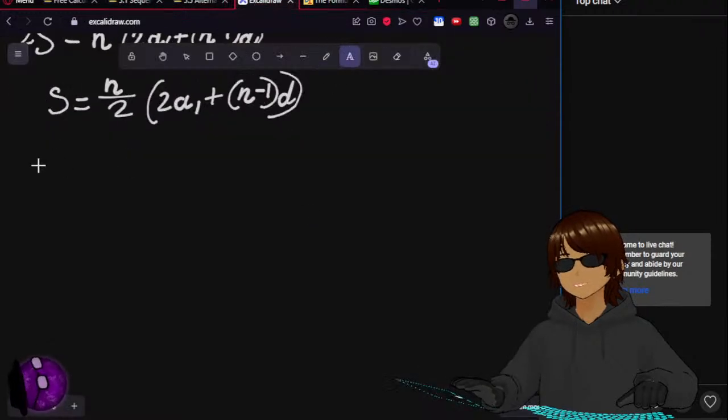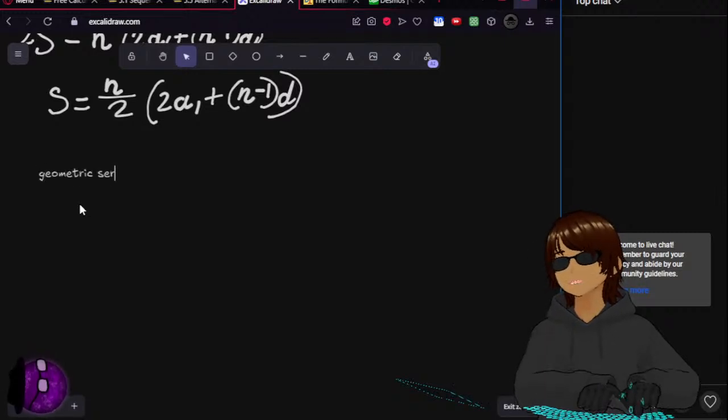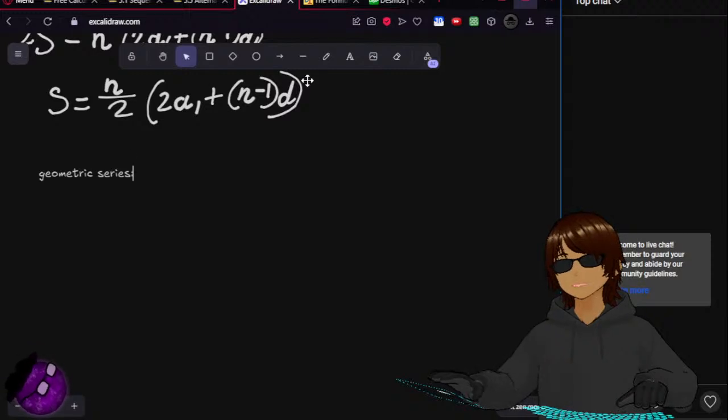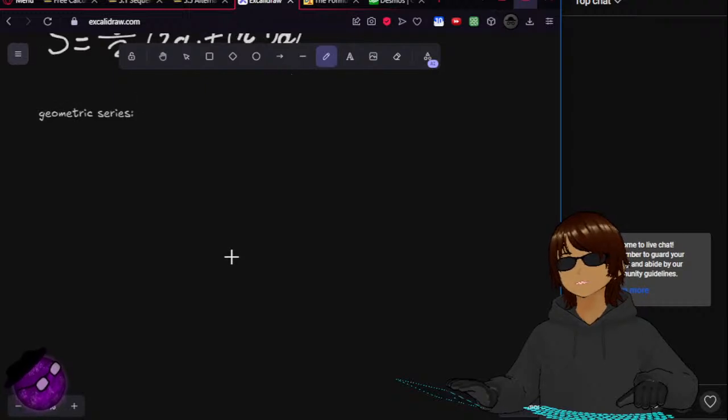Now let's do a series for a geometric one. Geometric series. Last time I said an arithmetic series has to come to an end. Otherwise, if it goes to infinity, the sum would go to infinity, even if it's like 0.001. But a geometric series is different. We have S. We have A1.